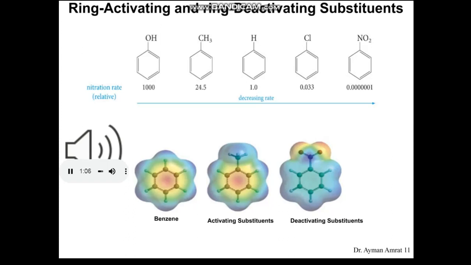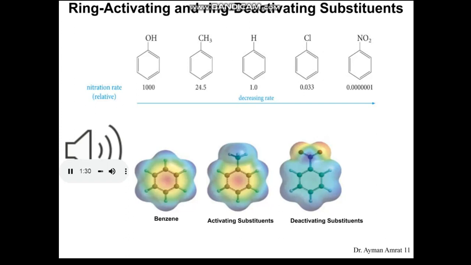While on the other hand, the methyl group in toluene activates the ring, and toluene is more reactive in electrophilic substitution reaction compared with benzene. Phenol is far more reactive than benzene.